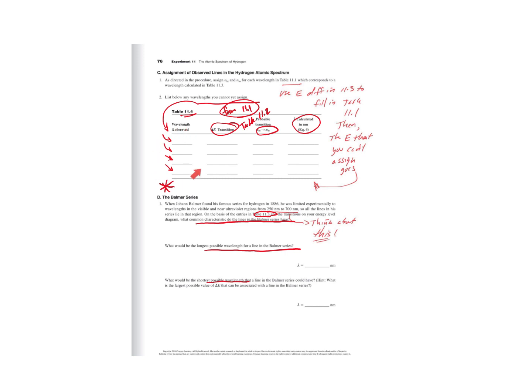There's going to be 4 that you cannot assign. You're going to place those wavelengths that you cannot assign in table 11.4 right here. Then you're going to use your data from 11.2 to try to determine probable transitions and the energy of the transitions. So, for example, it might be something like 8 to 3 or 7 to 5.